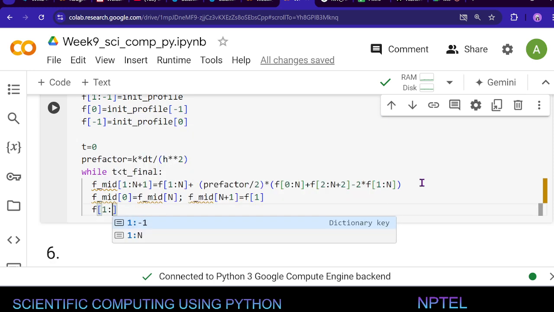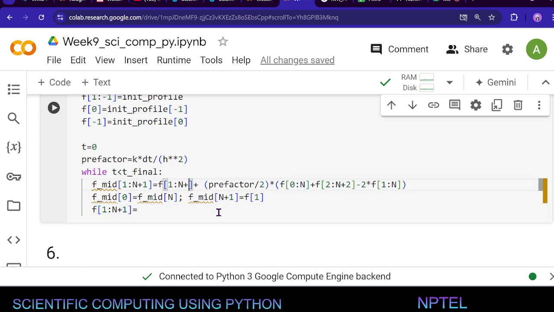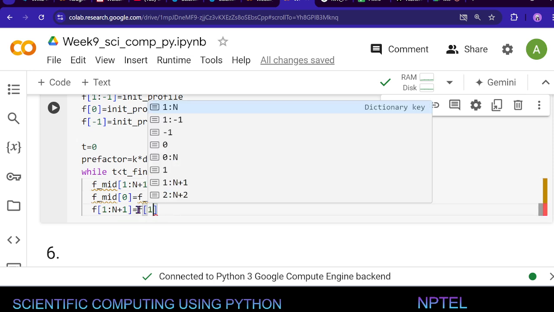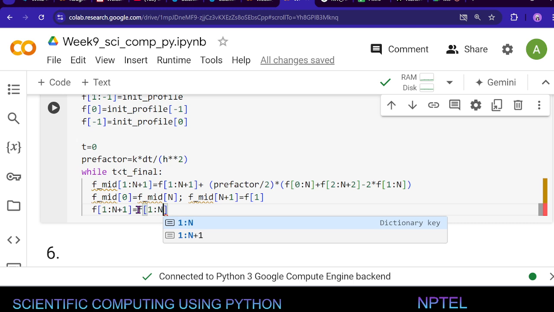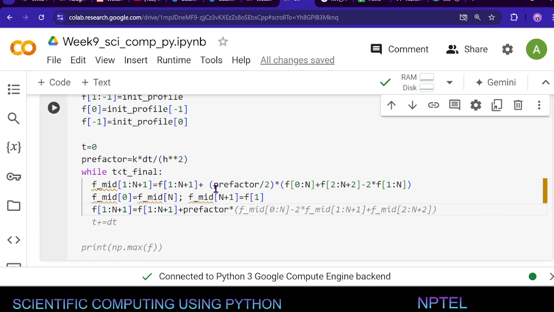So f from 1 to n plus 1. This will also be n plus 1, right? It's going to be f from 1 to n plus 1 plus the update term, and this time it will be prefactor times the same thing.